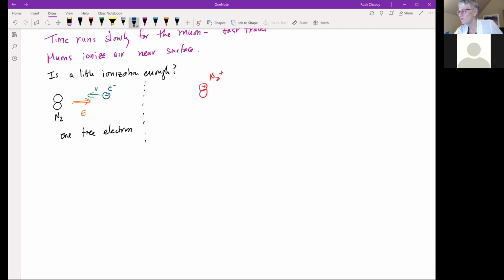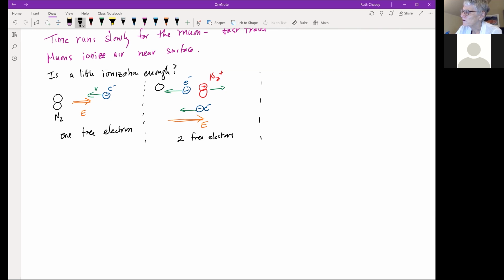We have our original electron, and we also have a new electron that came off the N2 plus. And we still have this electric field. And so now we have two free electrons. And the field hasn't gone away, so they're both going to go this way. This N2 plus is going to go that way.